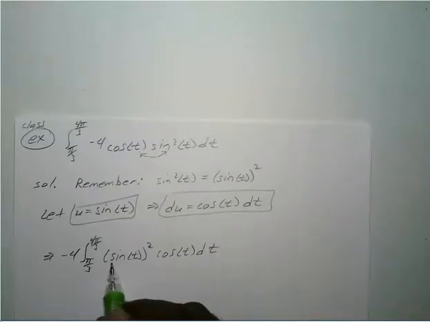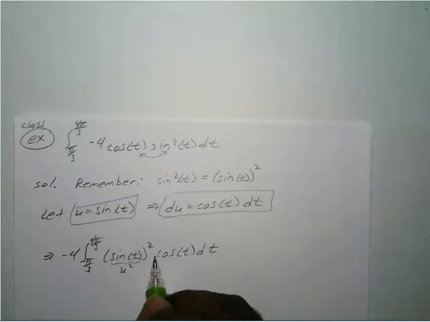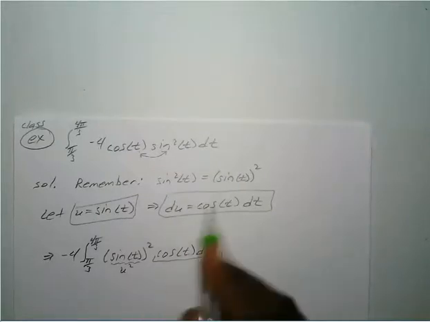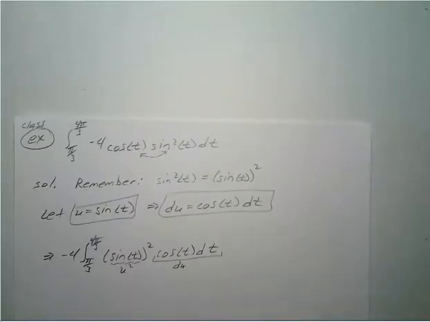All right, so here, of course, we have our u, so that just gives us u squared. And our cosine t with respect to t, that's our du.